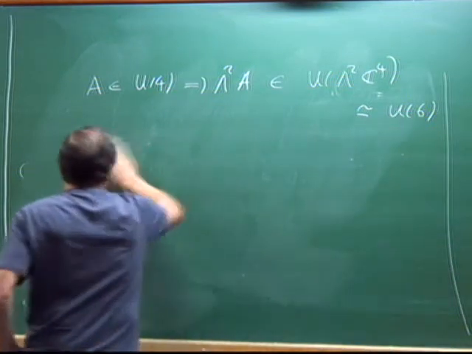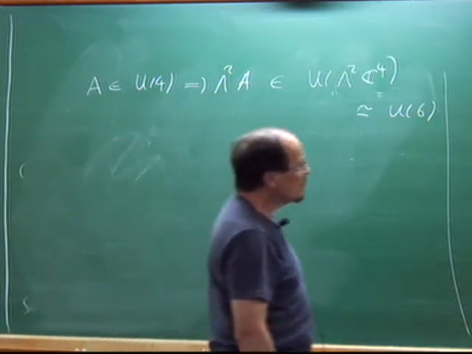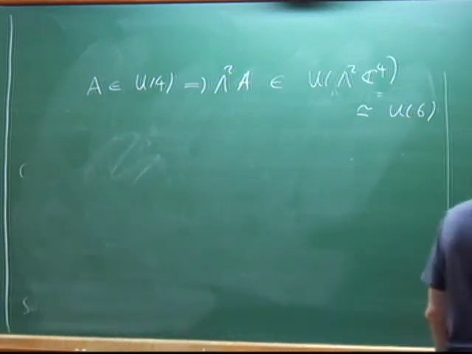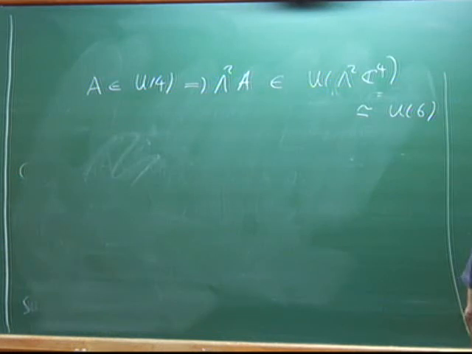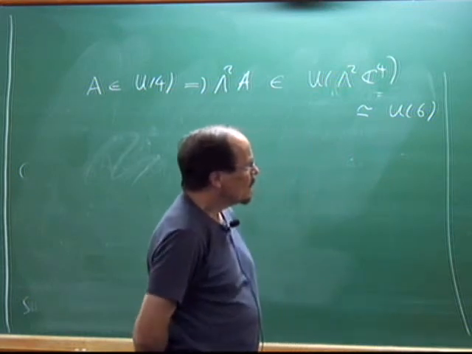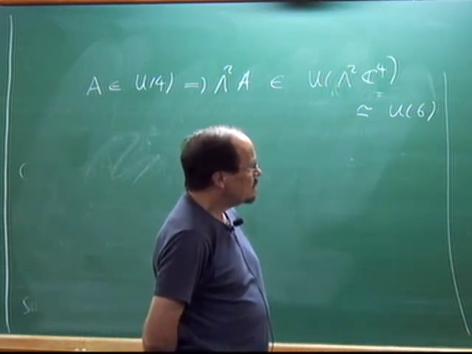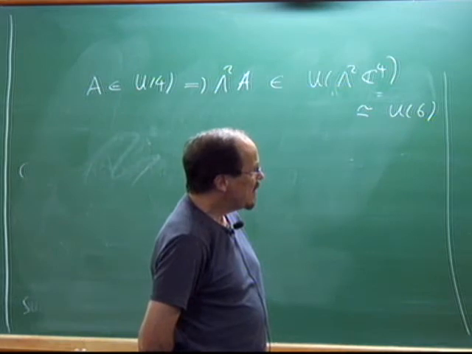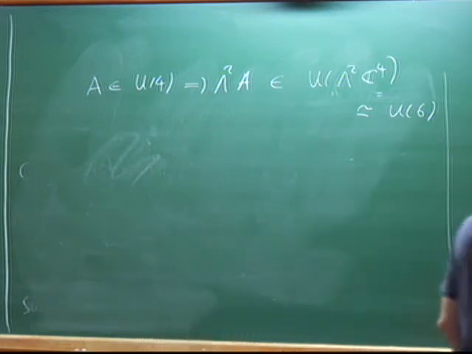What else can I say? Let's see, how can I go from here to here? So this here is defined by a symmetric bilinear form, right?